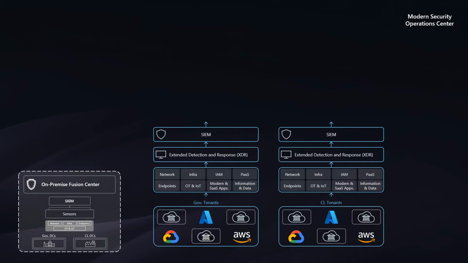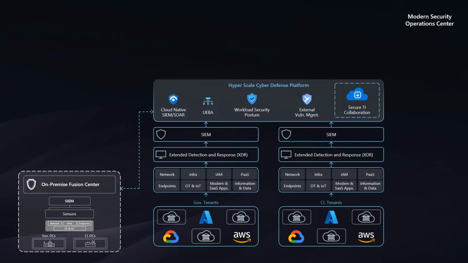And once we do that, I need to now have some kind of hyperscale cyber defense platform to be able to scale to the volume and deal with the complexity and sophistication of cyber attacks these days, because my traditional on-prem systems were not designed to deal with these modern threats.